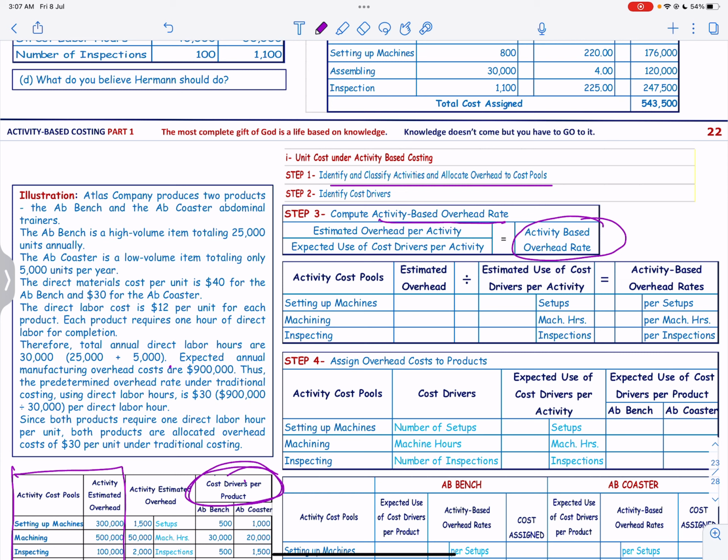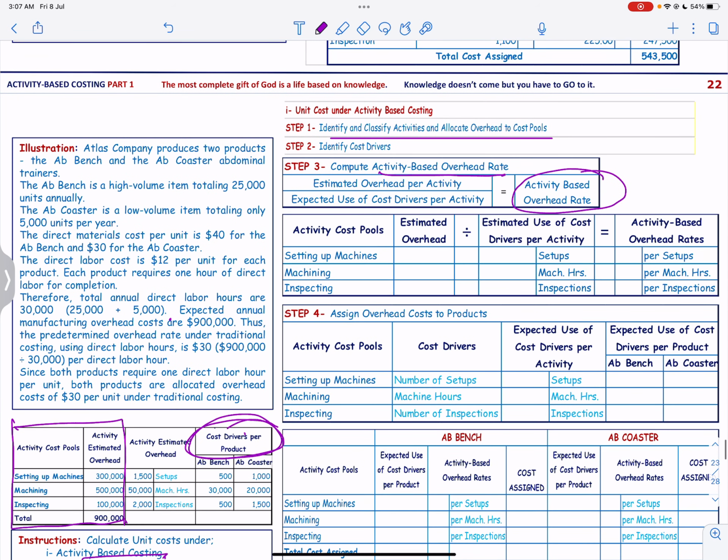Now let us calculate. So we have the setting up, machining and inspecting, and the estimated overheads are given: 300,000, then 500,000 and 100,000.